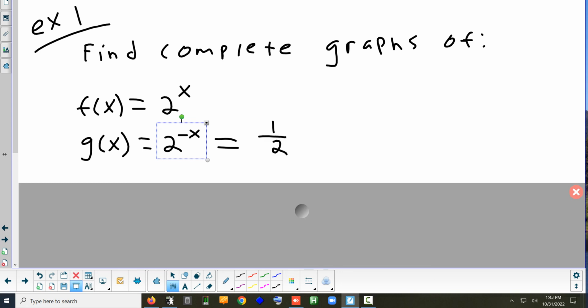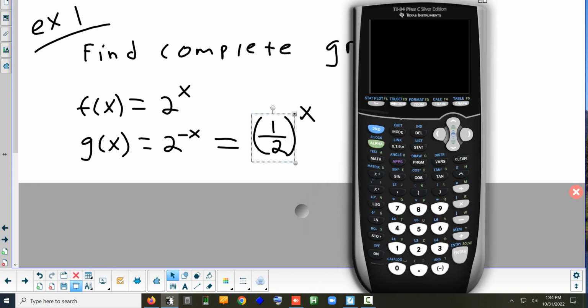So 1/2, and then what? Have the x be the exponent. There we go. Now the reason we want to do that is because when I look at this quickly, I see that this base is bigger than 1, and I see that that base is smaller than 1. That tells me something. Well, let's graph it and see what it tells us.